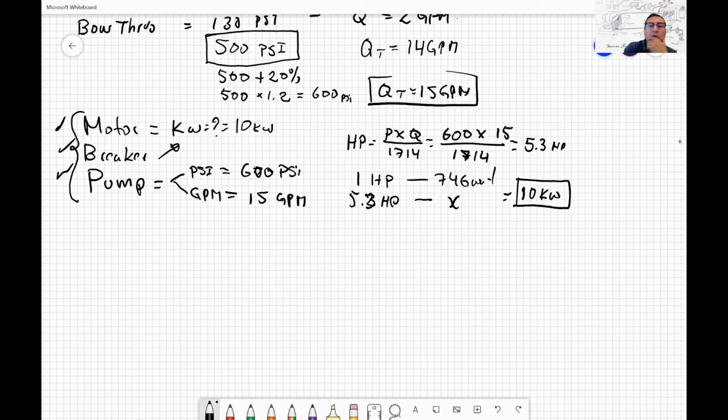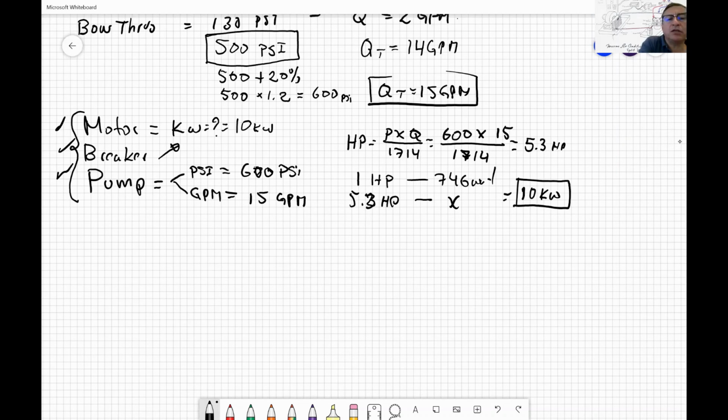When you select AC motors, what is better, a single phase motor or a three phase motor? Three phase. Why is three phase better? Less consumption of amps.